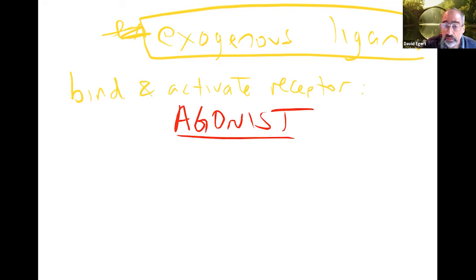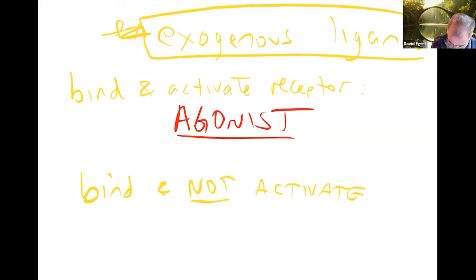There's another thing that can happen though. It can bind and get in there, but not fit just right and actually not activate it. So the other possibility, it can bind and not activate the receptor, but because it's binding, it does block other ligands from binding.